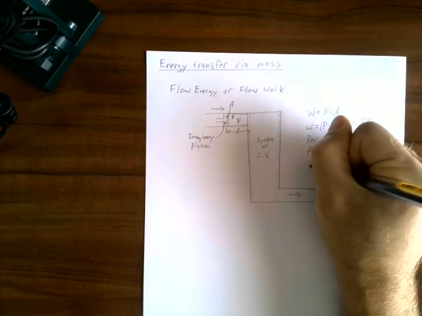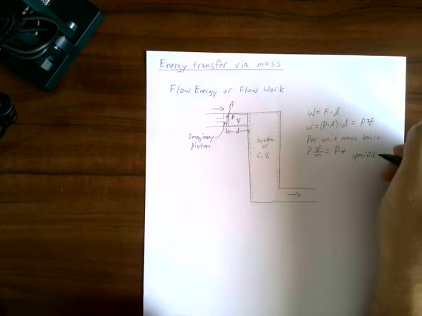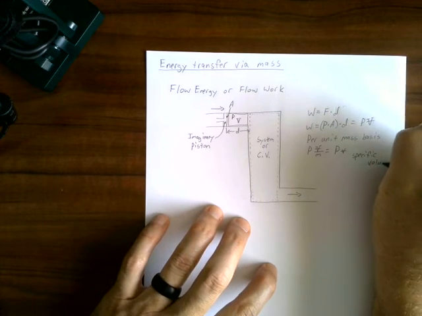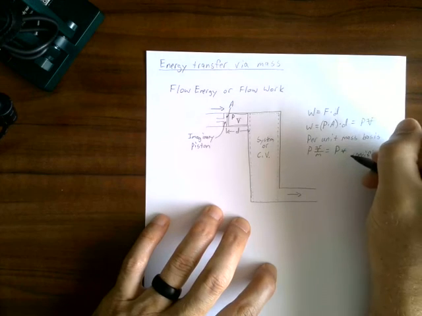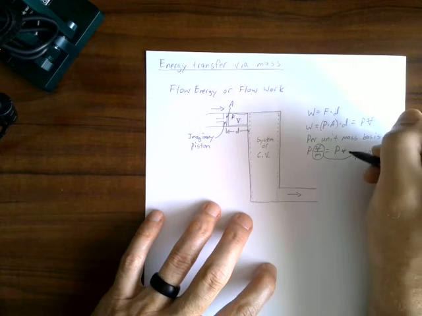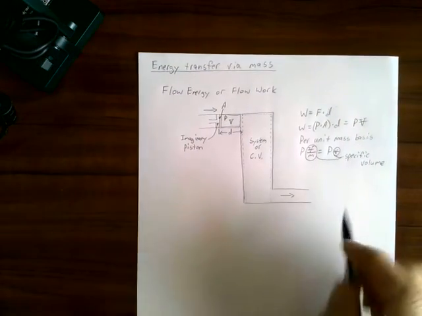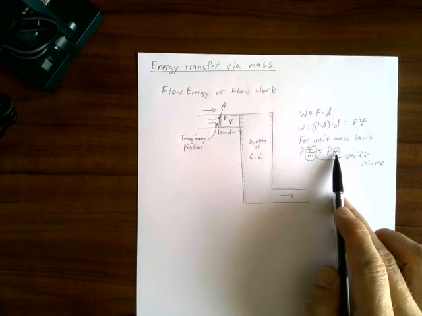And so specific volume is, if you remember, the total volume per unit mass, and it's illustrated with the lowercase v.